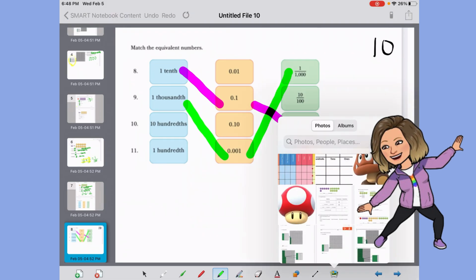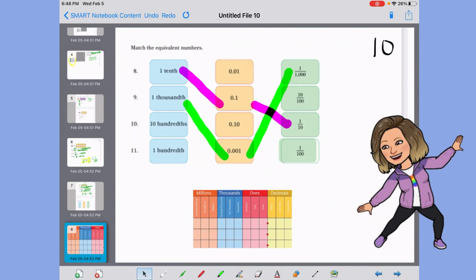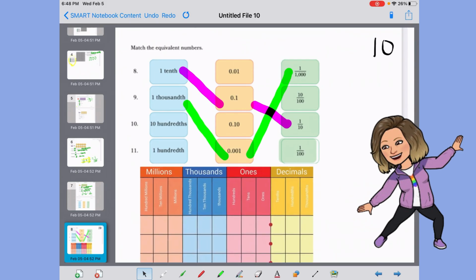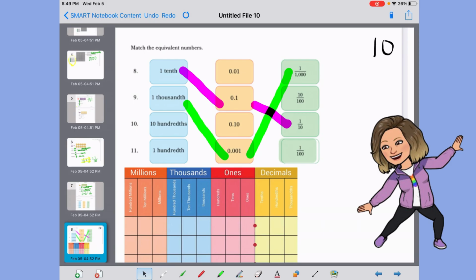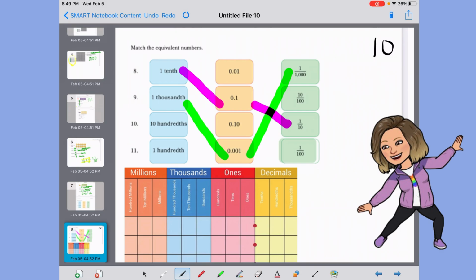10/100ths. I want to think about this. I might even grab my place value chart to help. When I get back, I will remind you guys where those are, so you can use them as well. So 10/100ths. That tells me that I have the number 10, and that ends in the hundredths place.